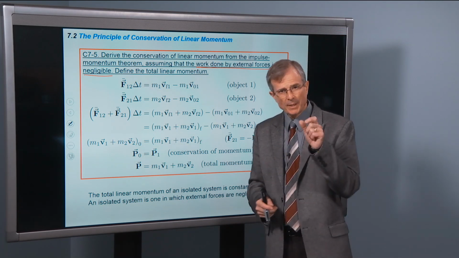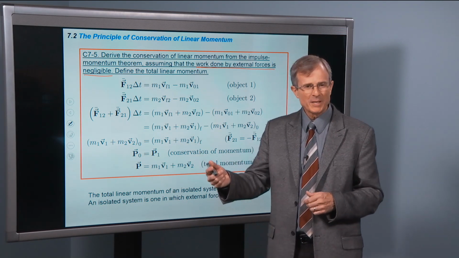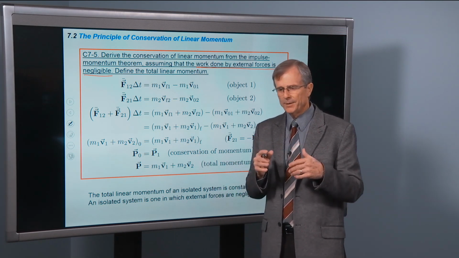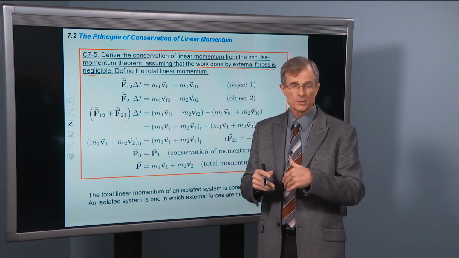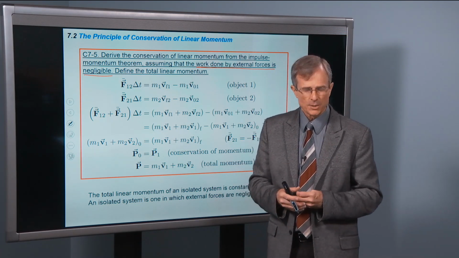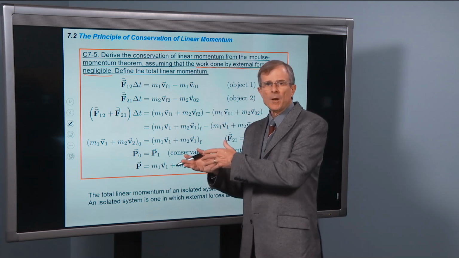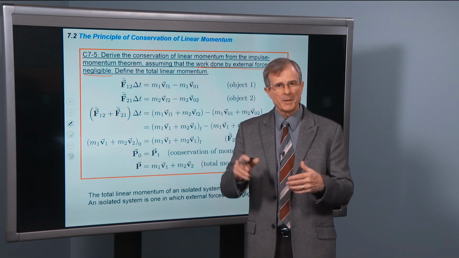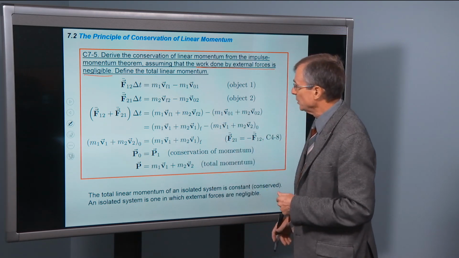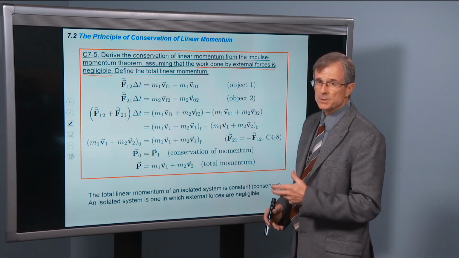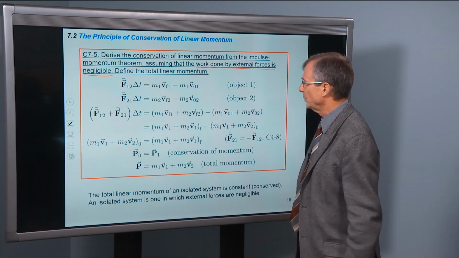Linear momentum being mv. I think I called it momentum before, but people use the word momentum and also use the word linear momentum to describe it. We will also later on in this chapter talk about angular momentum. And so when we want to distinguish the two, we talk about linear versus angular momentum.